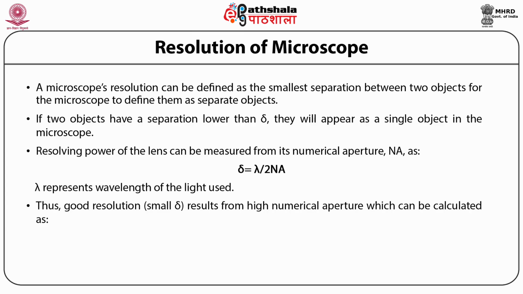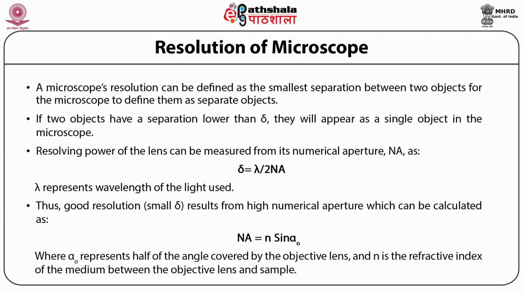Thus, good resolution, or I can say small delta, results from high numerical aperture, which can be calculated as NA equals n times sine alpha, where alpha represents half of the angle which is covered by the objective lens and n is the refractive index of the medium between the objective lens and the sample.